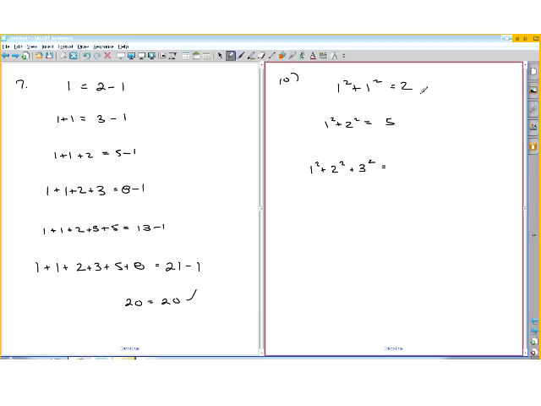And then we're going 2, 5, 13, so we're kind of skipping. If we put a 3 in here, 2, 3 is 5, 2 is 8, and then that would be 21. 21 plus 13 would be 44. Is that right? 13, 21, 30, 34.